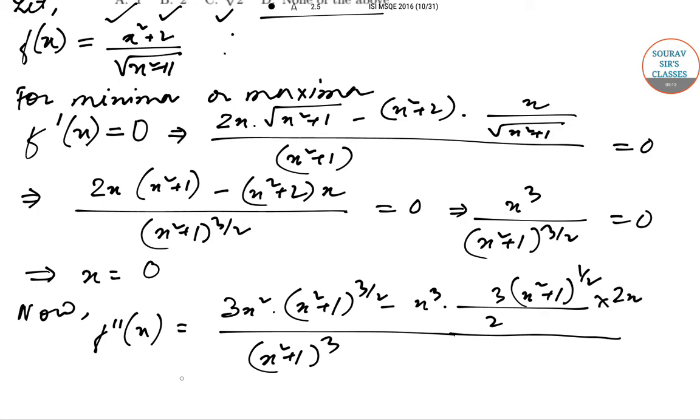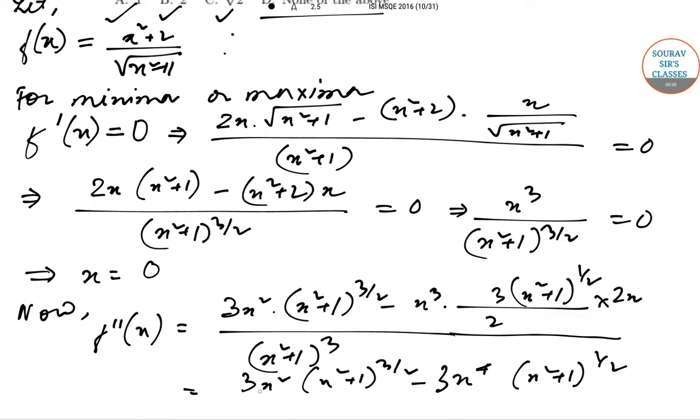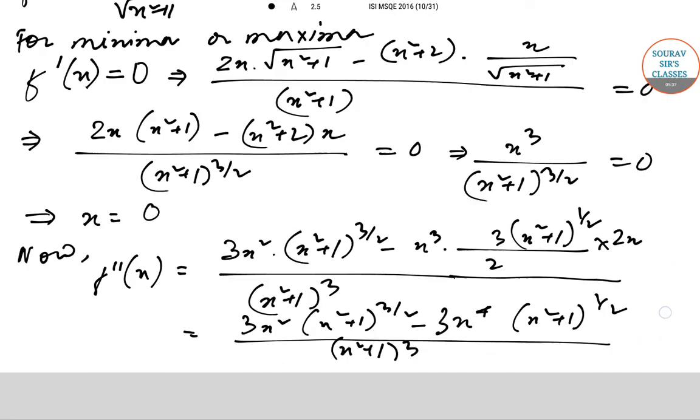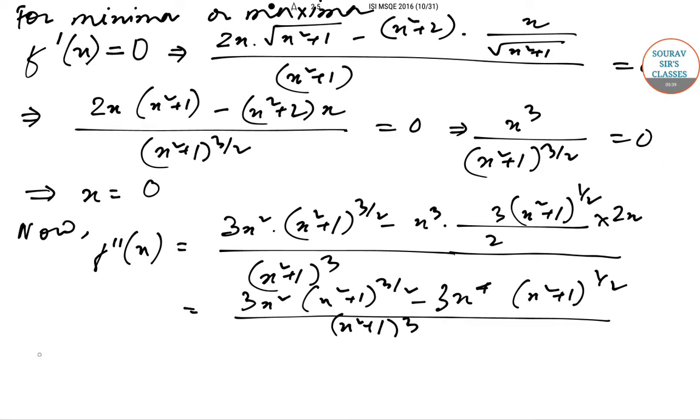So this comes down to 3x square into x square plus 1 minus x to the power 4 into 3, x square plus 1 to the power half, divided by x square plus 1 to the power 3. Therefore we can write that f double dash 0 is equal to 0.